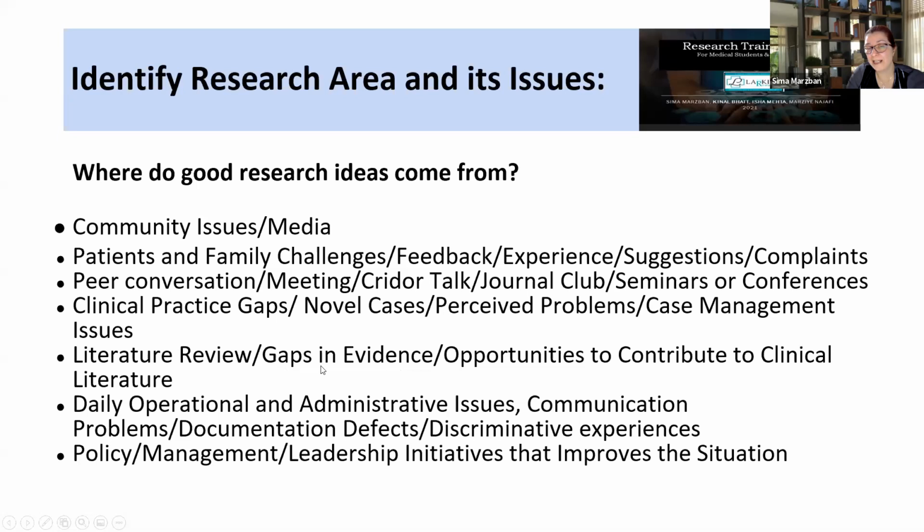We can find gaps in evidence there, where the authors address areas for doing research in the future. Opportunities to contribute to clinical literature. From these literature reviews, we can find how we can move forward with research after research that has been done by other researchers previously.